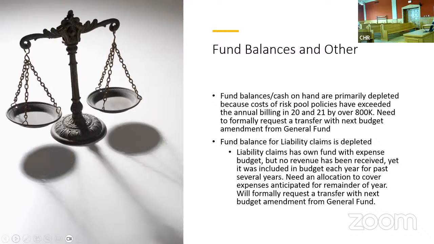So 800,000 is what you think gets us back to square and reasonable and safe? Yes. And then we just have to be much more prudent in preparing the cost allocation to begin with, to make sure that it's as close to what we're going to be charged.